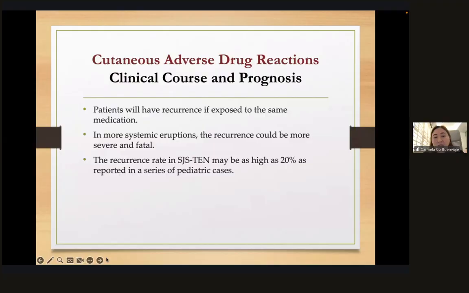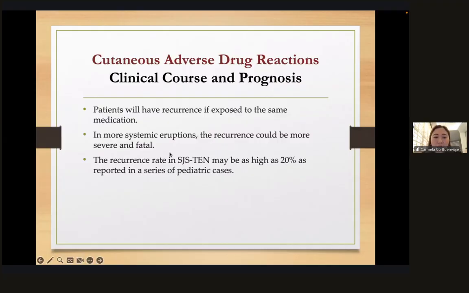Okay, so patients will have a recurrence if exposed to the same medications. Usually if the patient is exposed again to the same medication, the onset of the reaction is faster and usually more severe. That's why we really have to investigate what caused the drug reaction, so that the patient will not be exposed to the same drug again, nor to similar drugs.